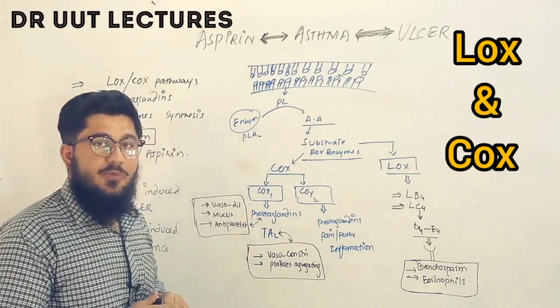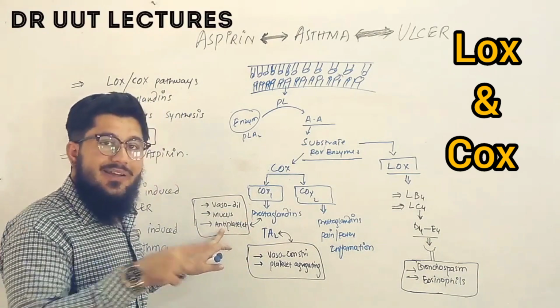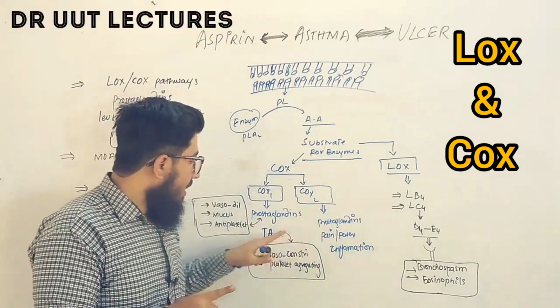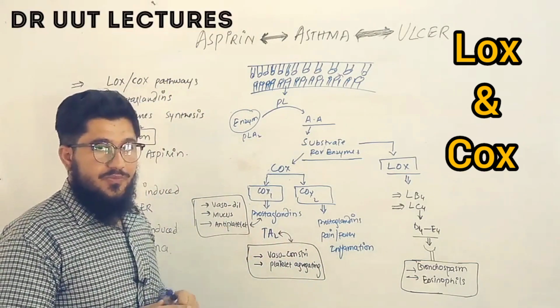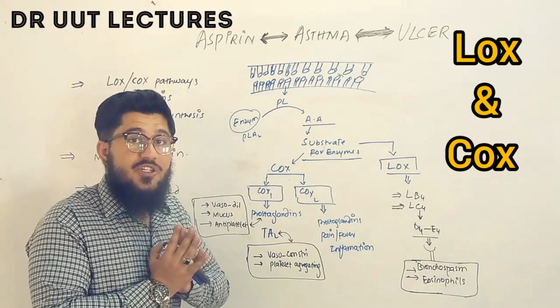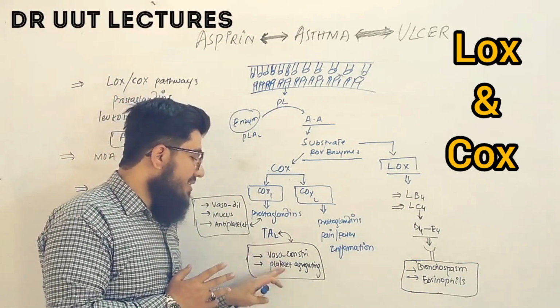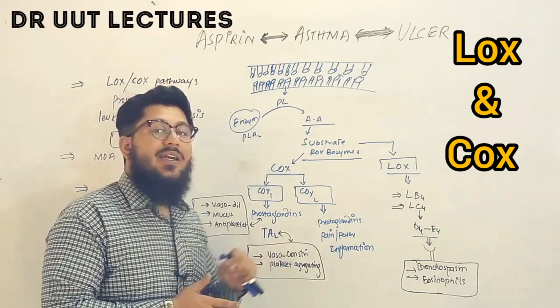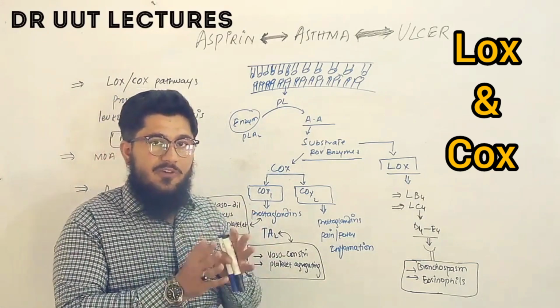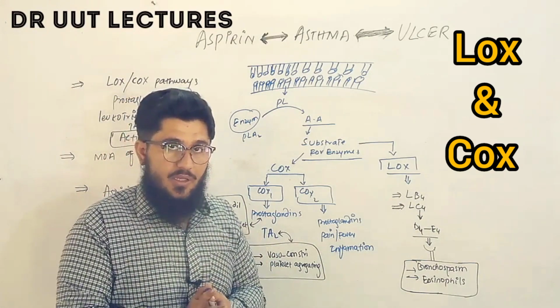And the same prostaglandins are responsible to do the anti-platelet activity, meaning it is acting like an anti-platelet factor. Whereas thromboxane A2 has the job of vasoconstriction. It is constricting the vessels. And thromboxane A2 has another job, that is platelet aggregation. So thromboxane A2 and prostaglandins are somehow maintaining the homeostasis in the body.